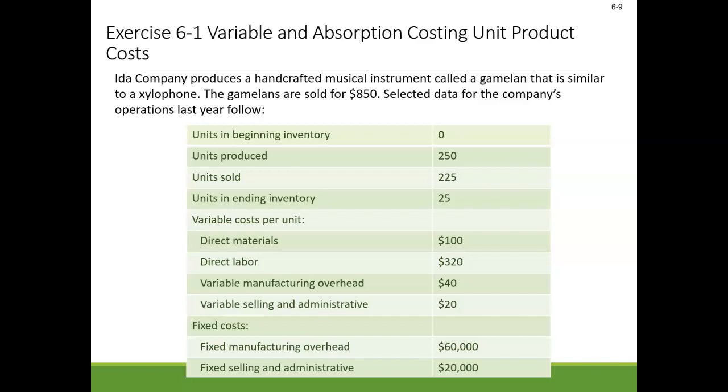We've got 250 units that were produced. 225 of them were sold. As a result, our ending finished goods inventory is sitting at 25. We've got our variable cost per unit: direct materials, direct labor, variable manufacturing overhead, and variable selling and admin. And then we've got our fixed cost.